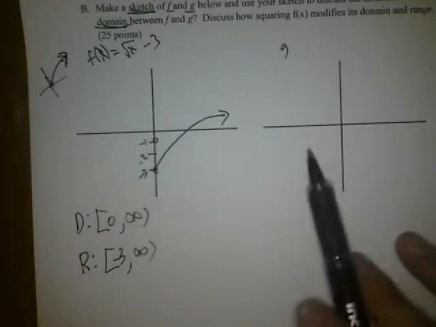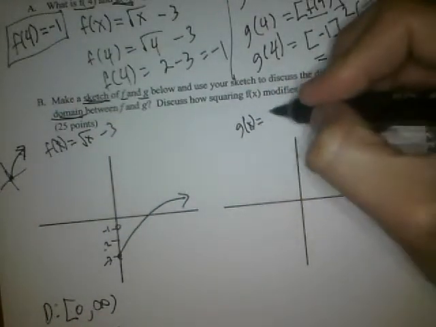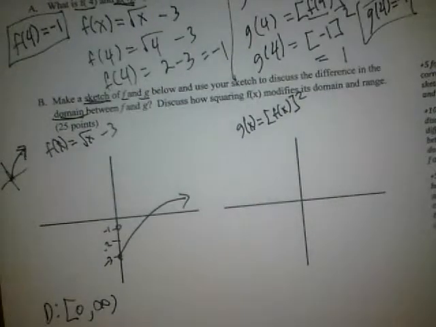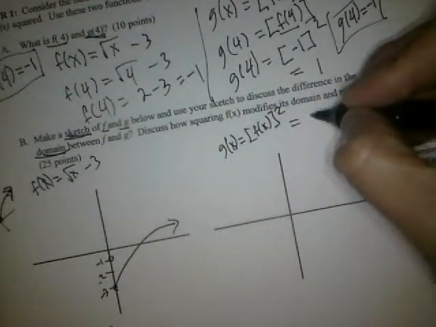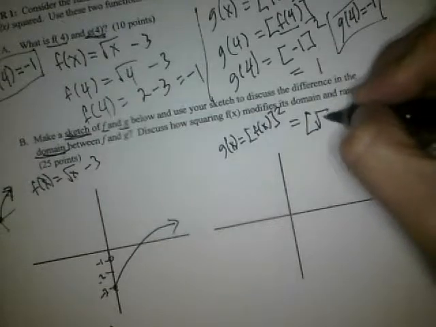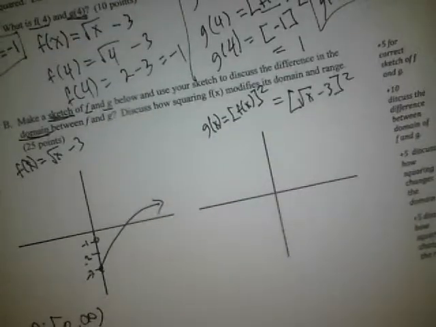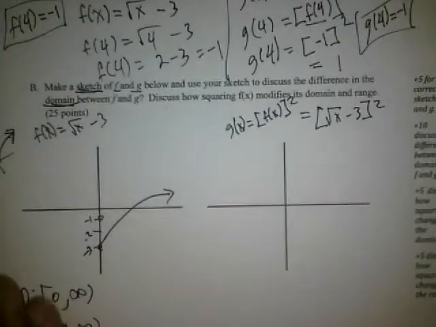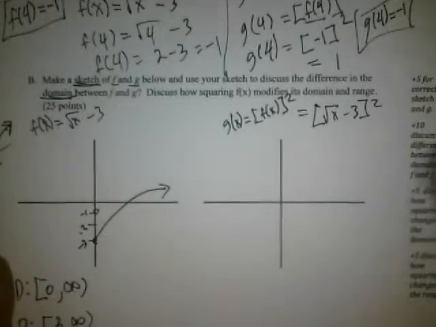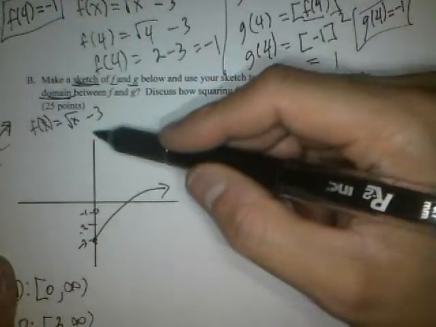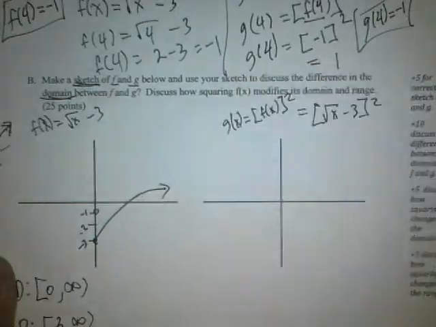Now I'm going to move on to g. If you remember, g of x is just f of x squared, which means it's the same thing as the square root of x minus 3, squared, right? If you remember what squaring does, when you square a function, it changes the graph by reflecting this over the x-axis and kind of curving it too.